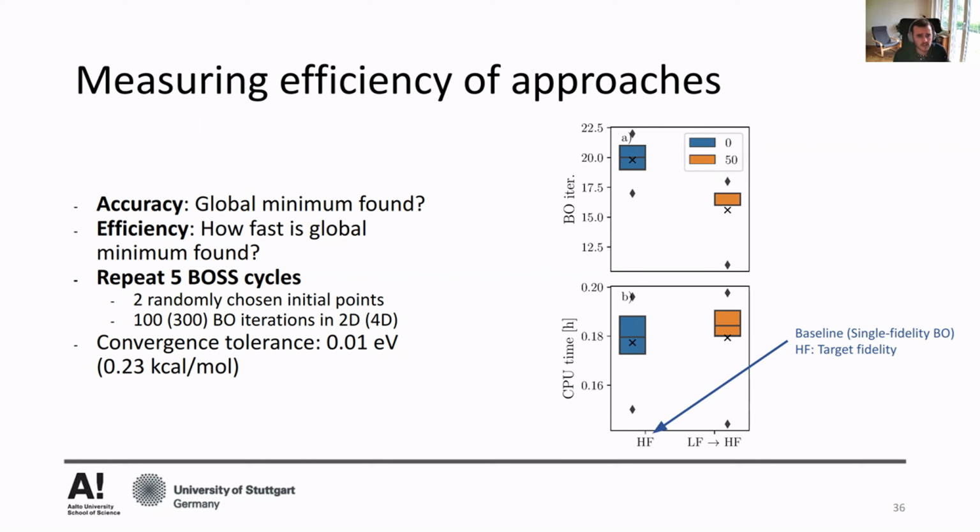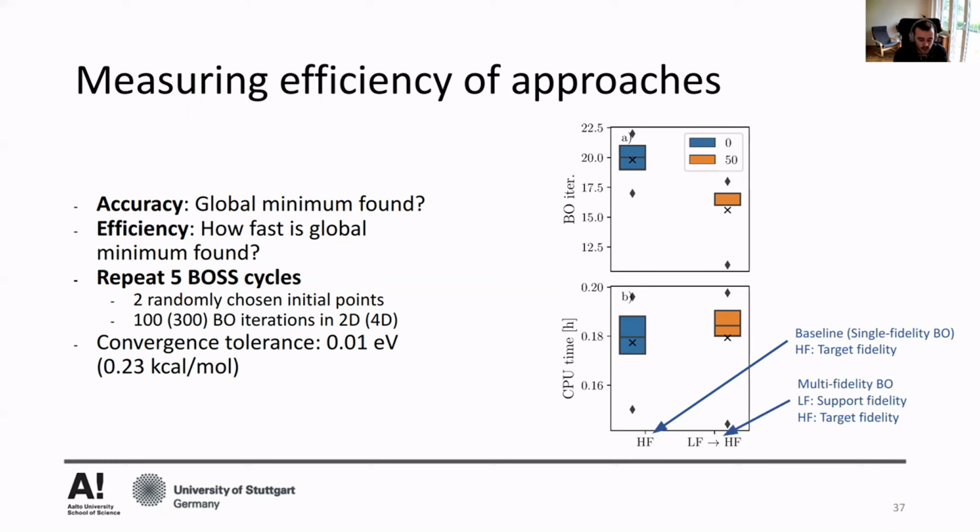So this blue box is the baseline experiment that we benchmark the multi-fidelity experiments against. In this case, I used high fidelity as the level that I wanted to infer the global minimum for. So this is the level we want to infer the energy for, and this is our target fidelity level in this case.